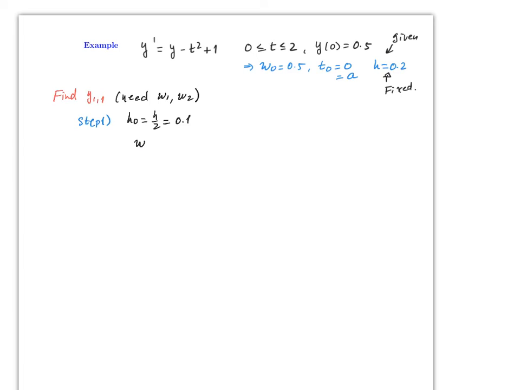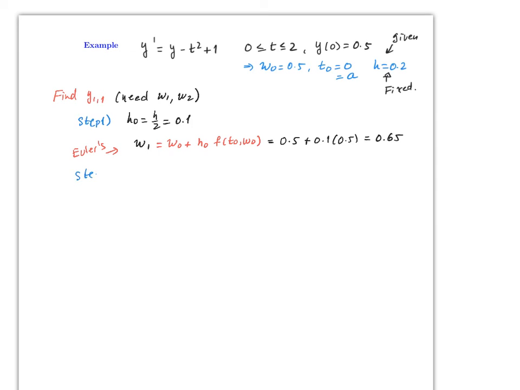Then to find w1, remember you need to use the regular Euler's method. And this should be w0 plus h0 f(t0, w0). If you plug in the values, this will be 0.5 plus 0.1 times 0.5, which gives you 0.65.